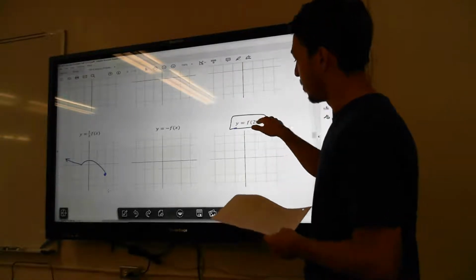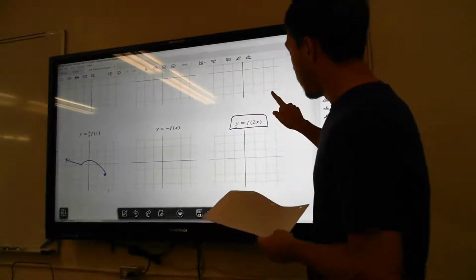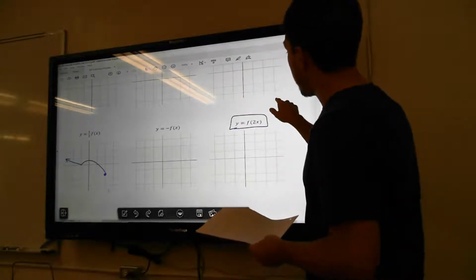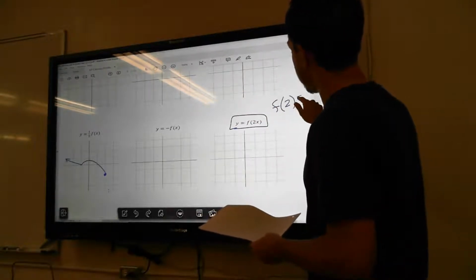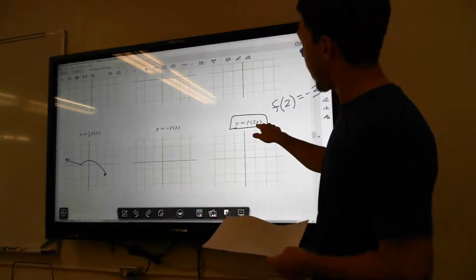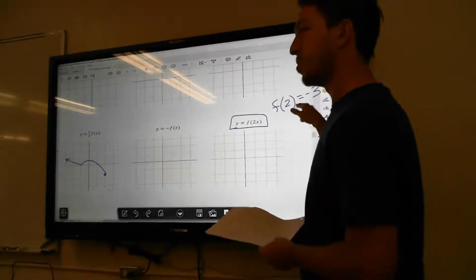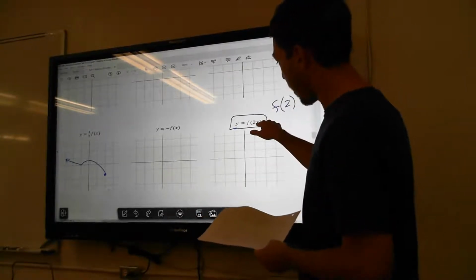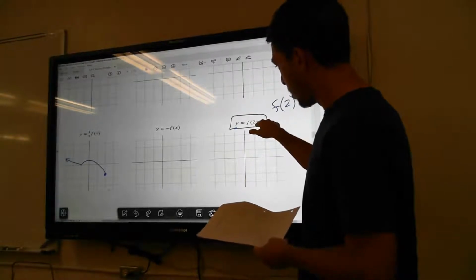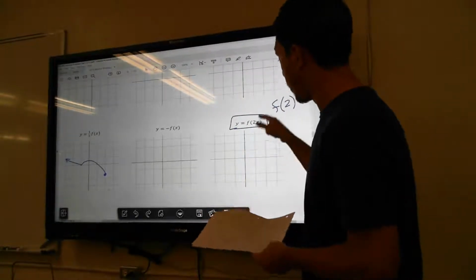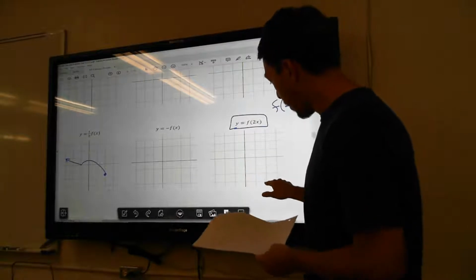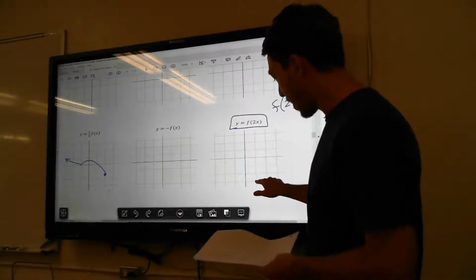Now remember, going back to it, we know that f of 2 is -3. So what do we have to choose for our x value here to get that information to emerge? Well, I'd have to pick x value of 1, and then it would read f of 2 equals -3. So that point that used to be at 2, -3 is now at 1, -3.